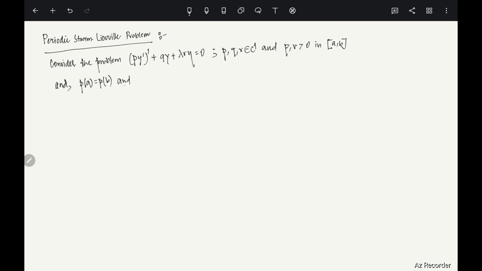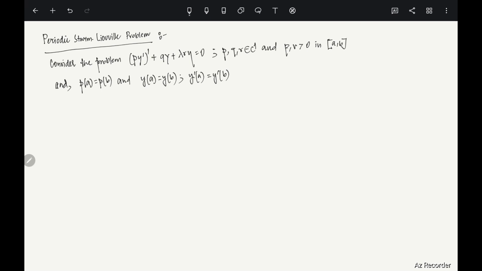What is the boundary condition? The boundary condition is given by this: y at the point a equals y at the point b, and y prime at the point a equals y prime at the point b. So you see, it's a beautiful condition. Basically it says that y and y prime at the point a are the same as y and y prime at the point b.